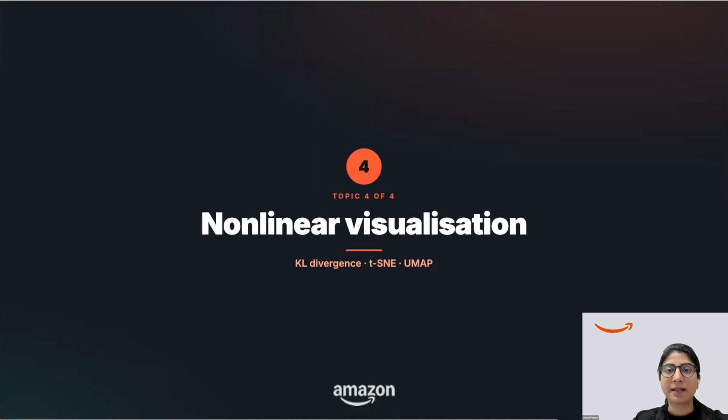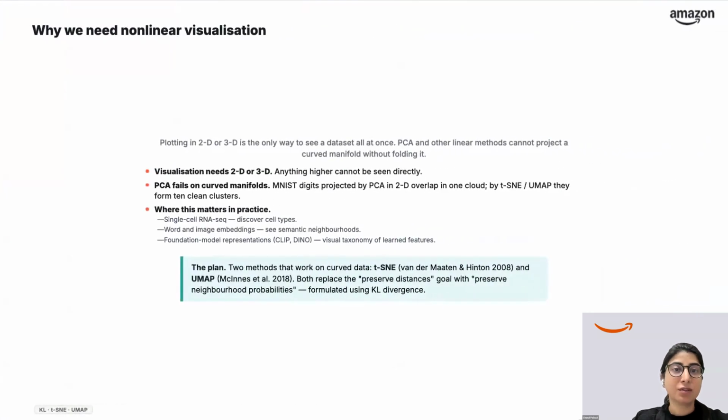But for kernel PCA, we also need to define the right kernel for the data. So there are some popular non-linear visualization methods, which are TSNE and UMAP, and we will discuss that in this lecture.